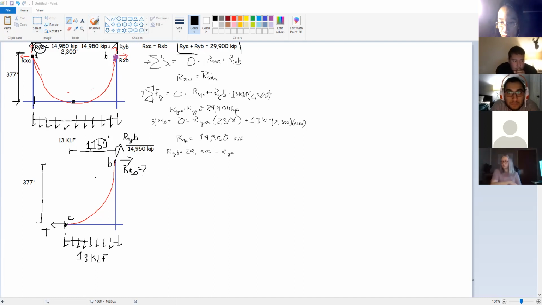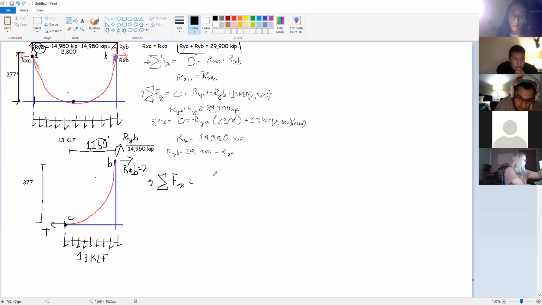So we are going to take a summation of forces in the x direction, assuming right is positive. Set that equal to 0 equals, there's an RXB going right, positive. There's this tension reaction.